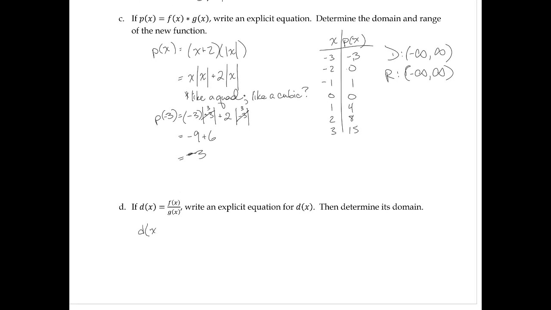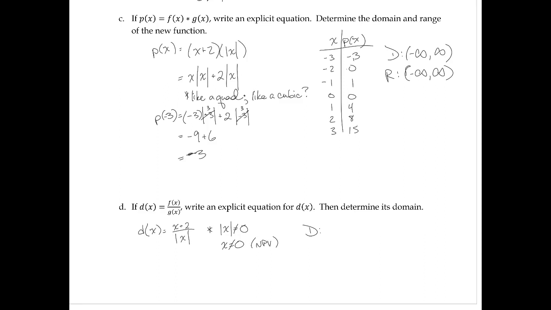So when we're dealing with this function, we've got x plus 2 divided by the absolute value of x, remembering that the absolute value of x cannot be 0, so x cannot be 0. This is a non-permissible value. So when I go to write my domain, I check the numerator, but there's no restrictions there.